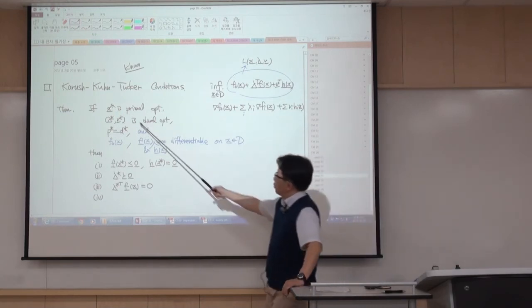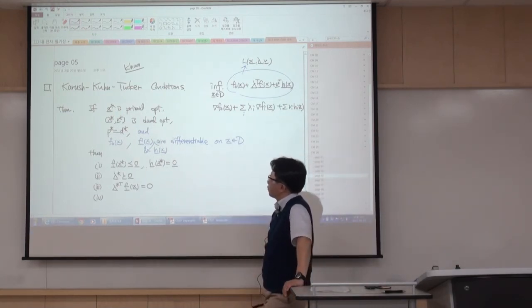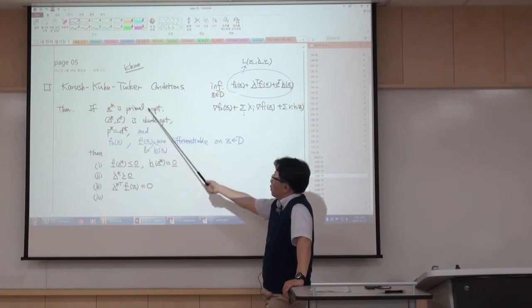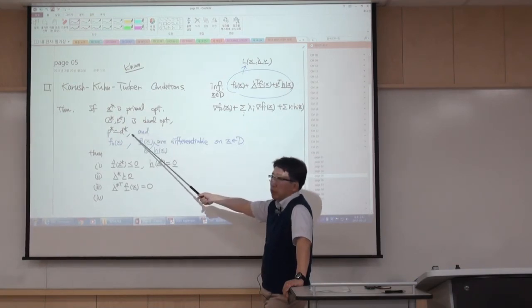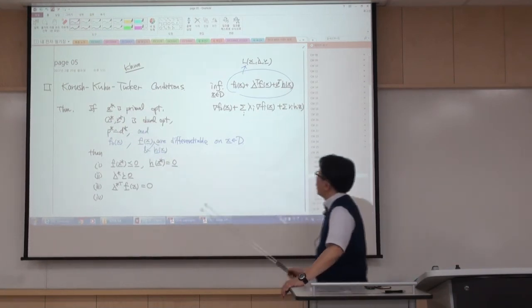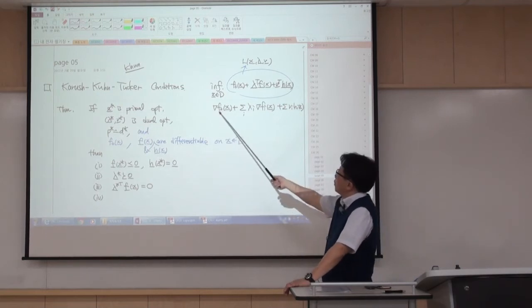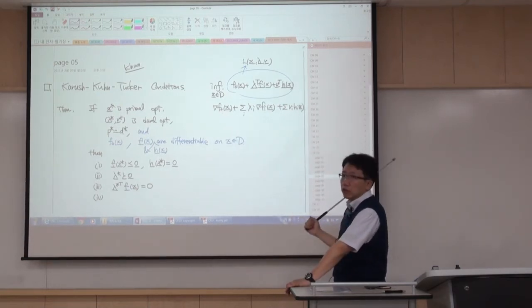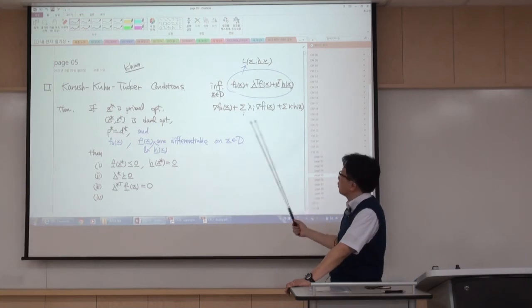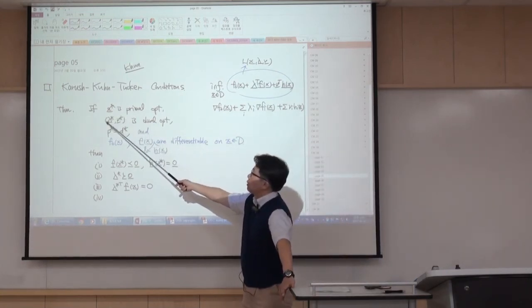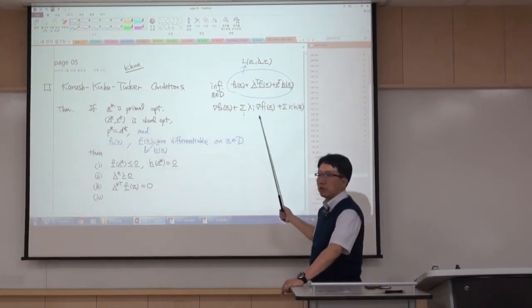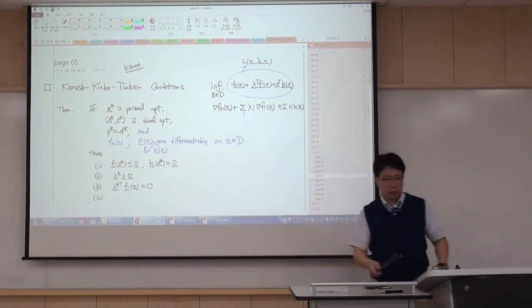Now, what does this mean? This is primal optimal, dual optimal, P equals D, which means that if you evaluate the gradient of this Lagrangian at x star and lambda star, nu star, it must be equal to 0 vector.